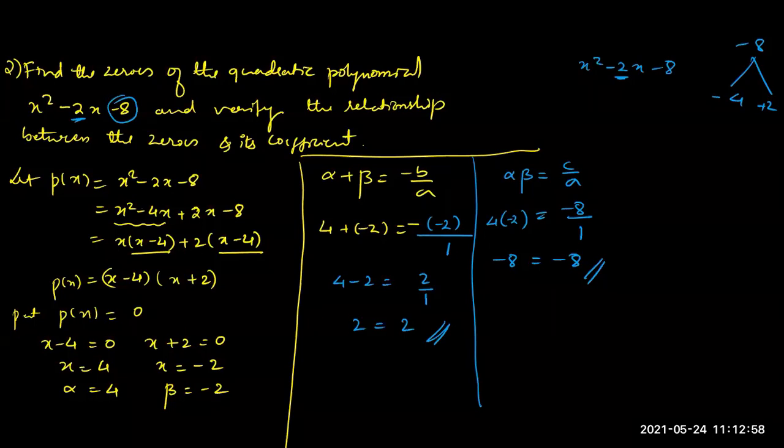No. Alpha plus beta means it is the sum of the zeros. This is the sum of zeros. And alpha into beta is the product of zeros. Both are different. Yes, sir. Okay.